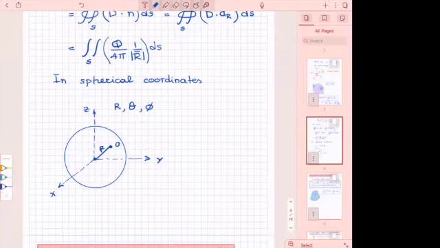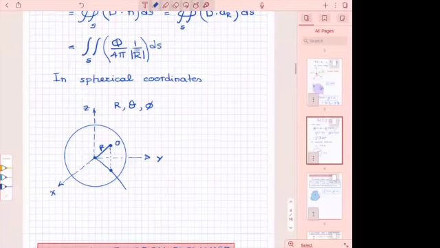Then we find, on the XY plane, the line where this point projects, and this is phi. And this is theta.